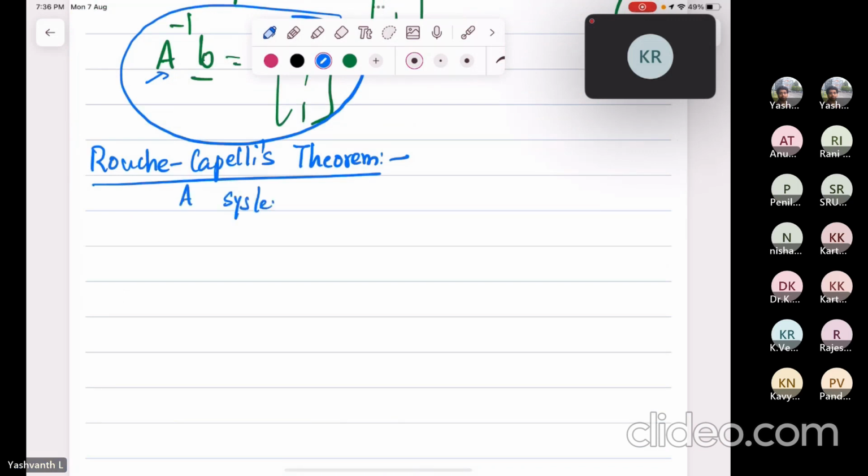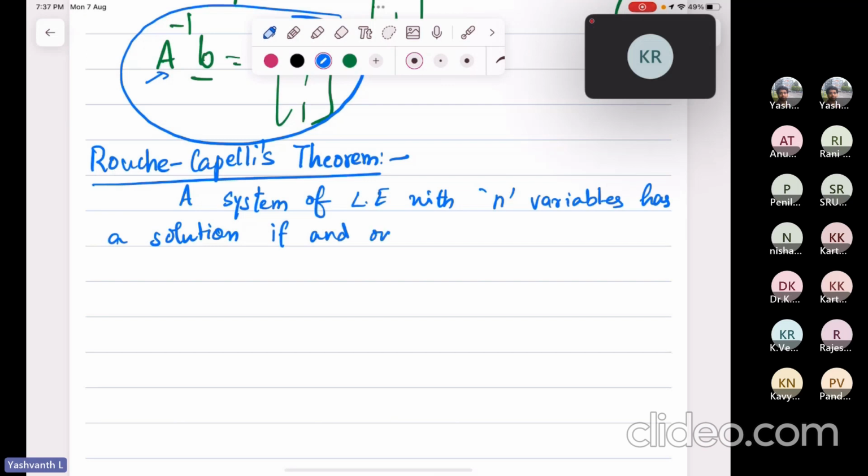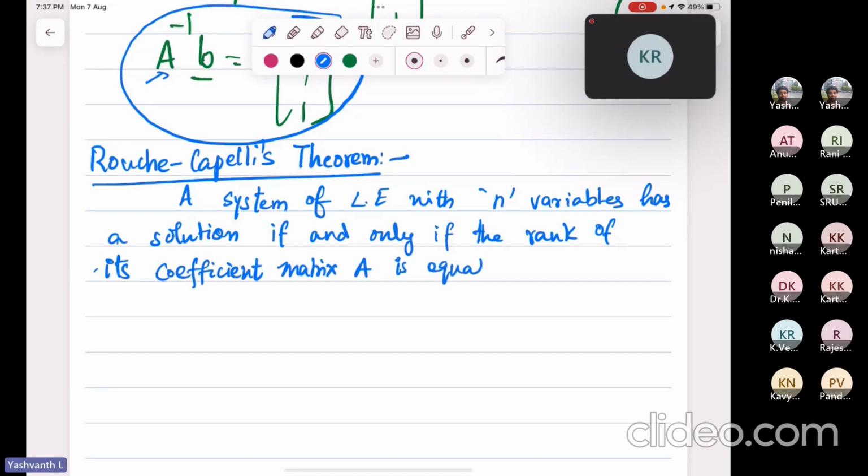A system of linear equations with n variables has a solution if and only if the rank of its coefficient matrix A is equal to the rank of its augmented matrix [A, b].